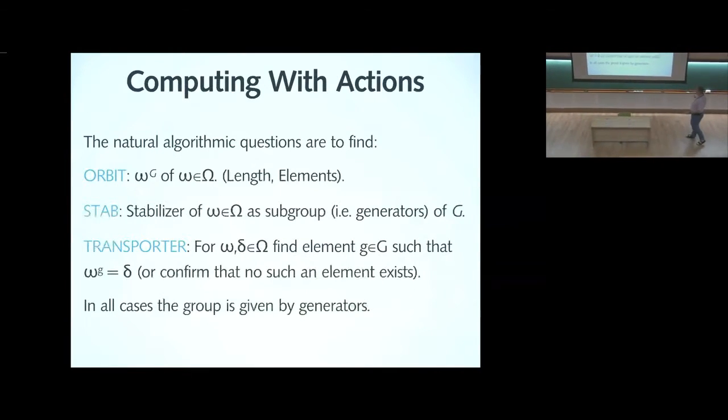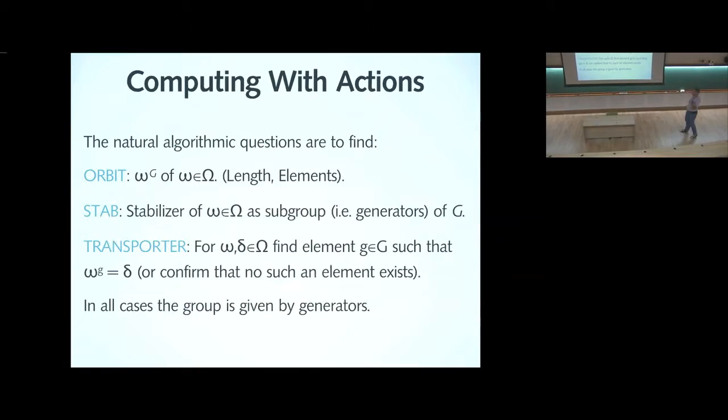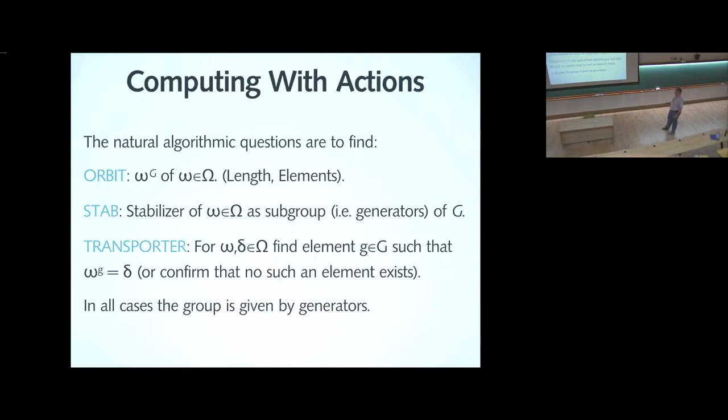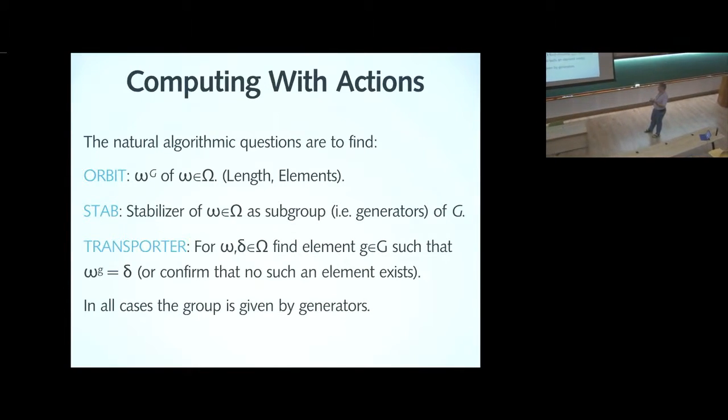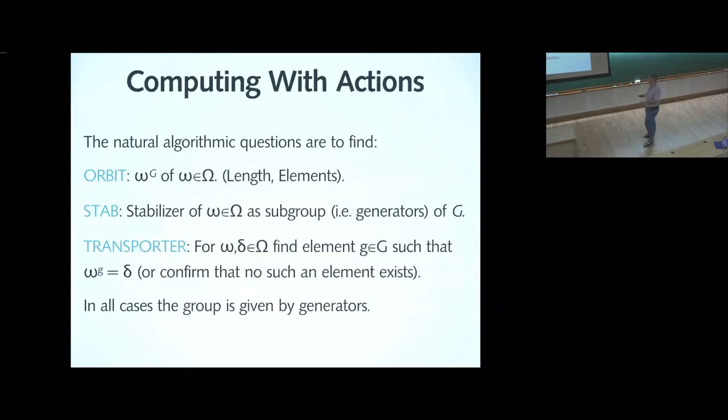If we have a group action, there are a couple of things we can ask. We can ask, for example, I would like to have the orbit of a point. I would like to know how long is the orbit, what are the elements of the orbit. I might want to have the stabilizer of a point as a subgroup. And a subgroup typically means I want generators for the subgroup. I don't want all elements of the subgroup.